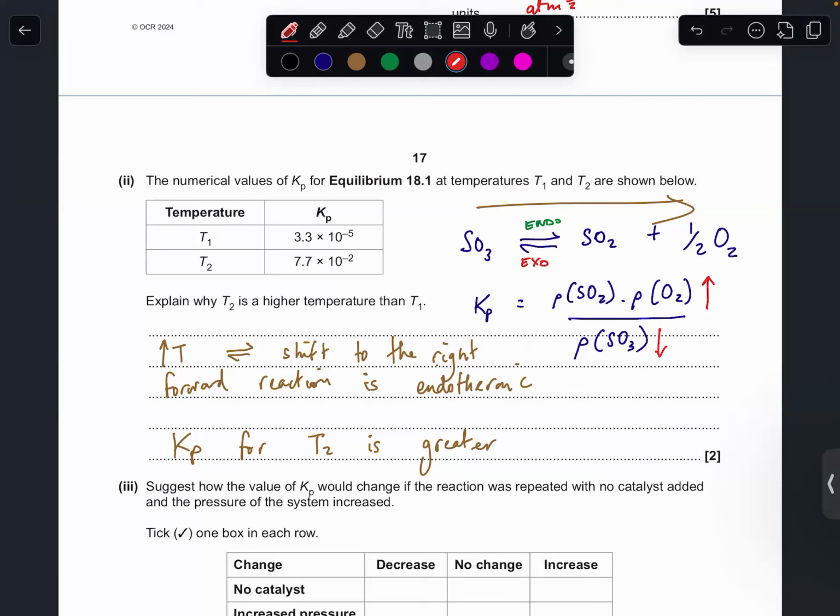You are dividing a bigger number by a smaller number, which in turn will give you a greater Kp value, thus justifying why T2 is actually a higher temperature, because it gives you a higher Kp value, because you get the equilibrium shifting to the right, you get more products and less reactants in the yield.